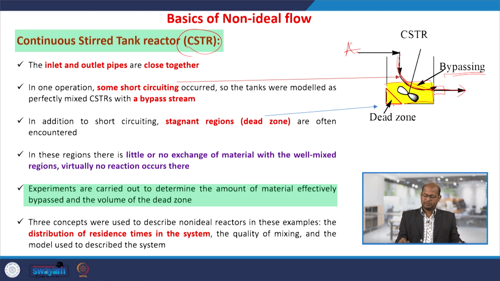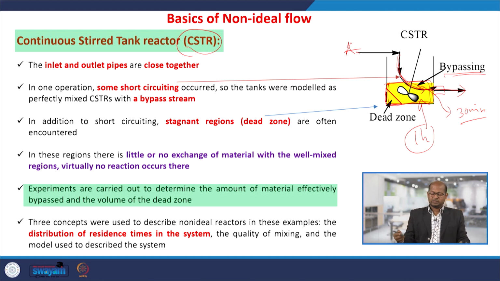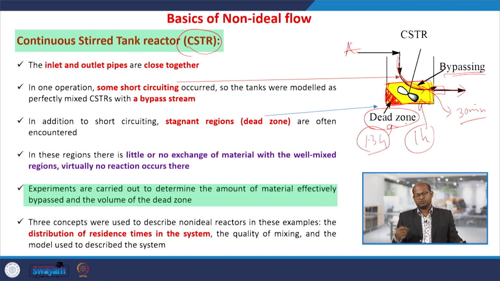Here a particular space is there where reactant molecules spend time. You expect that molecules entering should spend 1 hour inside the reactor, but a few molecules following this pathway leave after 30 minutes, staying very little time. Then conversion, yield and selectivity would be different. A few molecules remaining in a particular space for a longer time do not take part in the reactions. This is called a dead zone.